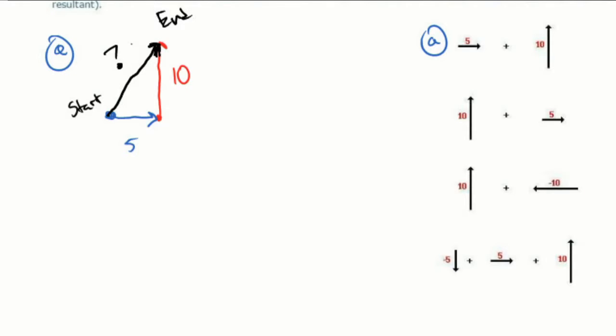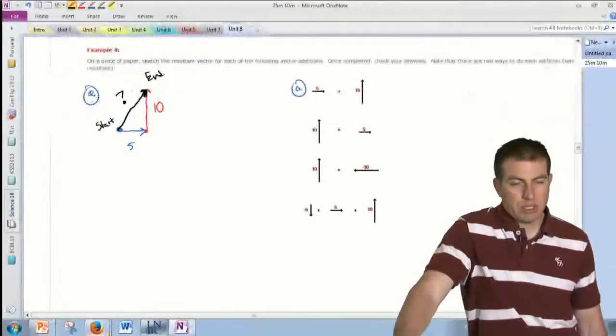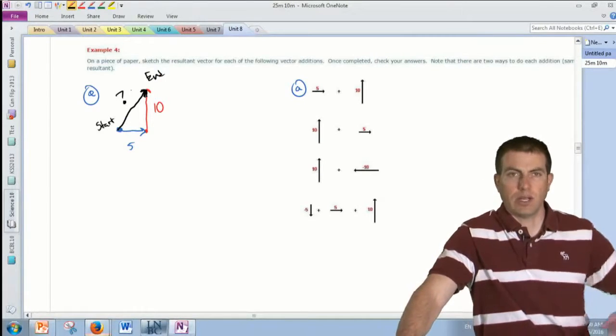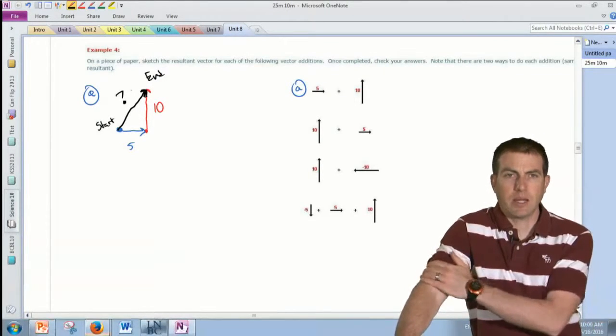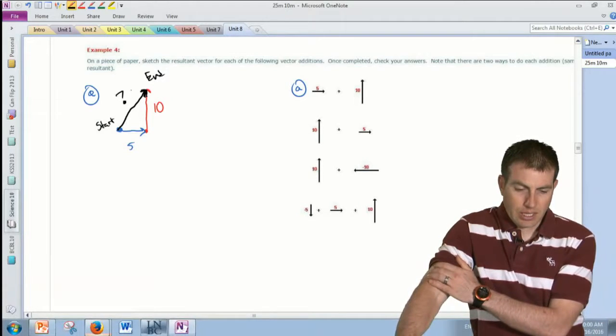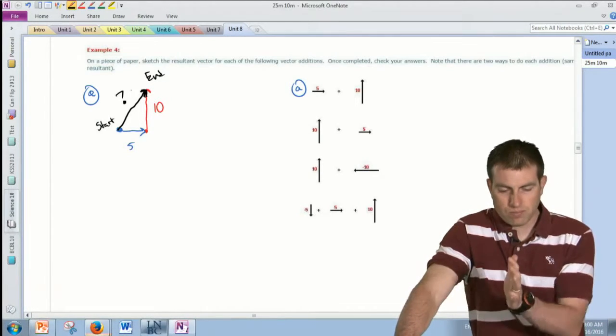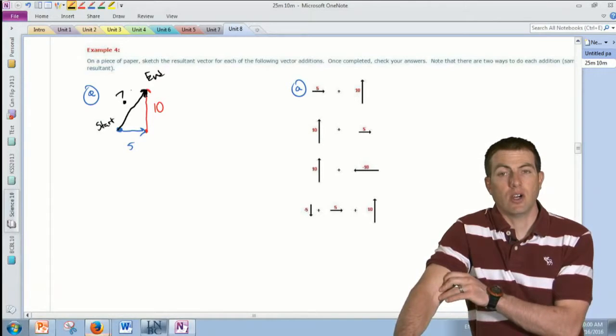How long is my resultant in this particular example? Or can you think of a way I can calculate the length of that arrow? Now, direction is going to be a little bit difficult to describe because I'm kind of going up and to the right. You could say something like that, but it's probably a grade 11 concept.